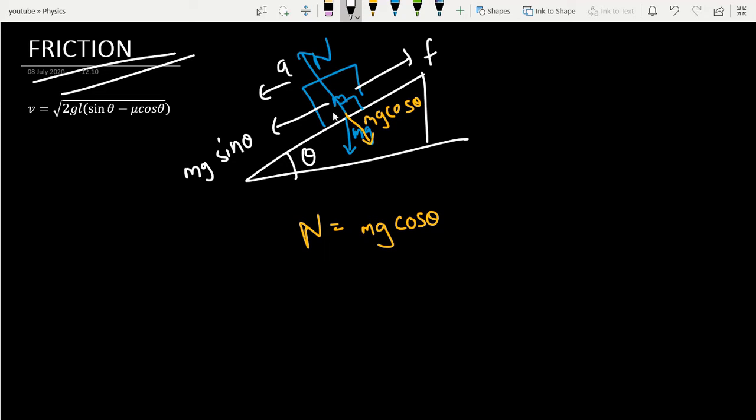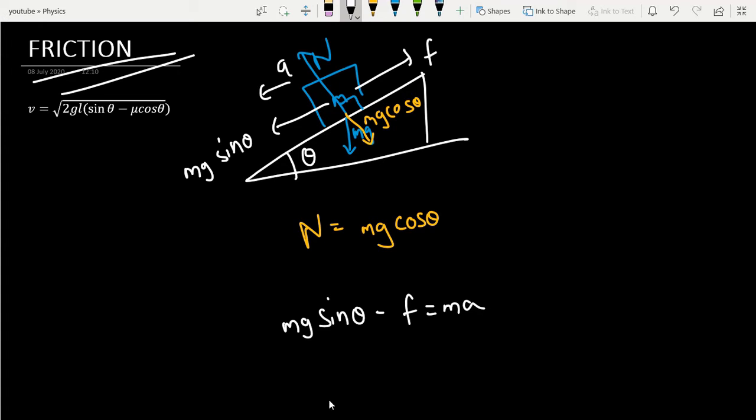So we can derive a formula from this: mg sine theta minus friction would be equal to net force. Yes, because these are opposite forces, so if we subtract them, we get the net force.